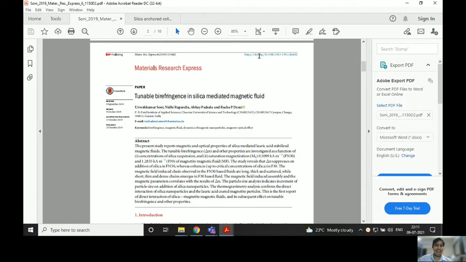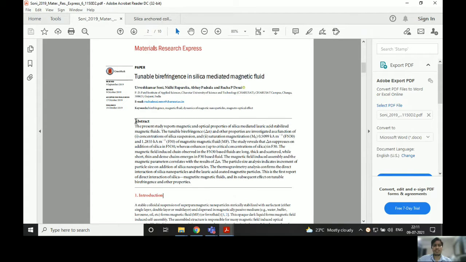Now whenever you see any research paper, it has a fixed structure: the title is there, then the number of authors, then their affiliations. Later on you will see the abstract, which describes everything that is in the paper. So we get all the things in the abstract itself.